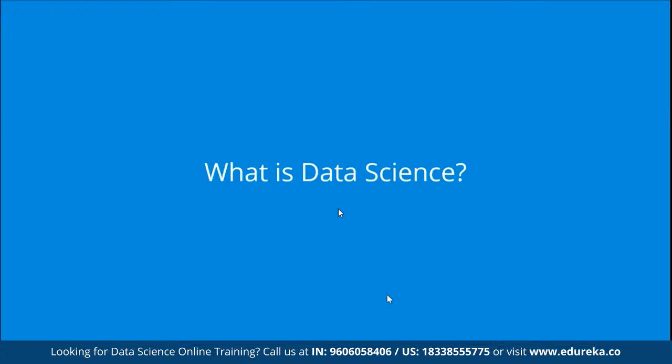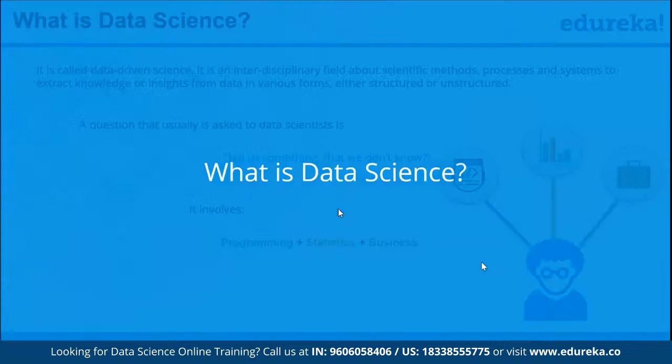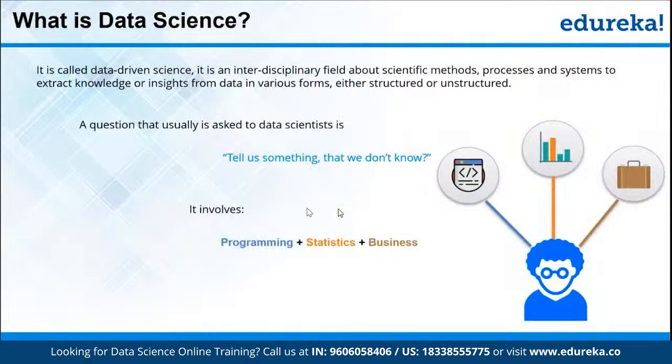So now let's understand what is data science. Okay, so guys, basically it's nothing but a data driven science. Based on the data, you'll be saying that, yes, I know how things are related with each other. It's an interdisciplinary field about scientific methods, processes, and systems to extract knowledge.